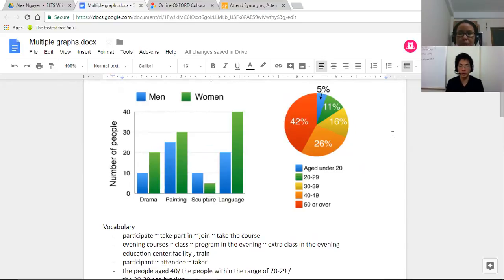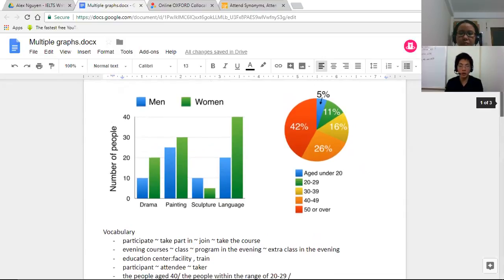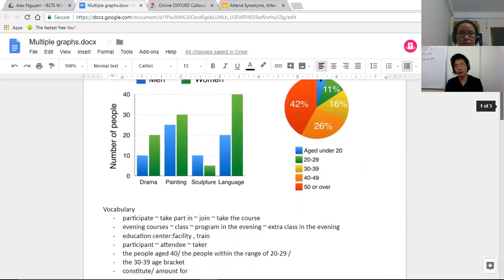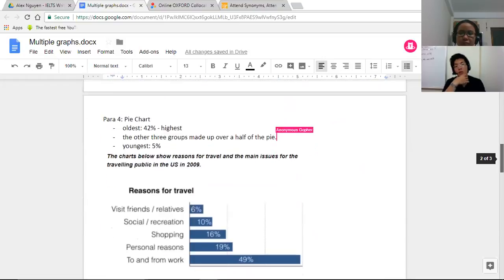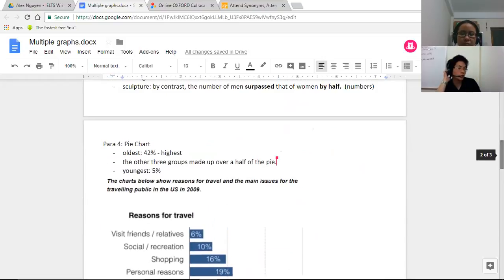The other three made up over 50%, over half of the pie. And then I group all three groups into one sentence. And I have kind of 3 sentences. Yes. What I was trying to highlight was the technique of grouping, and you are doing it very well here.